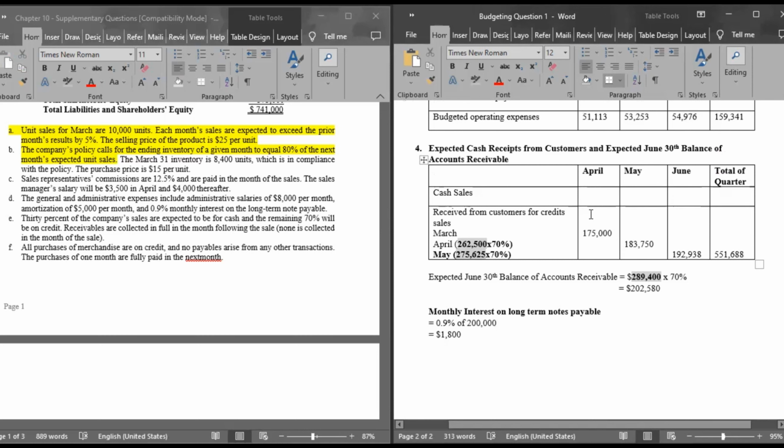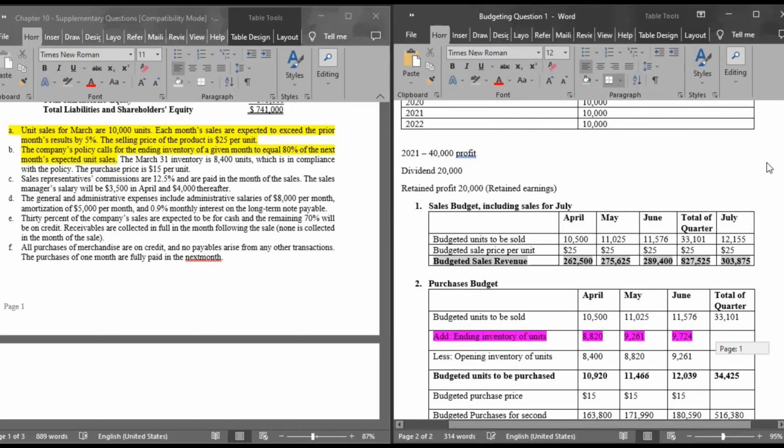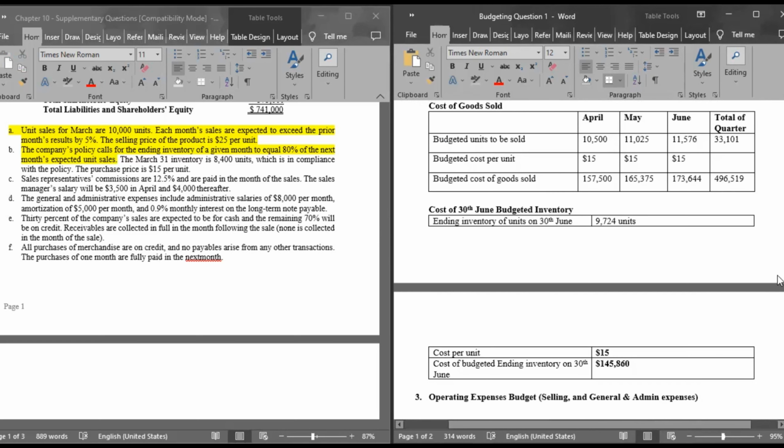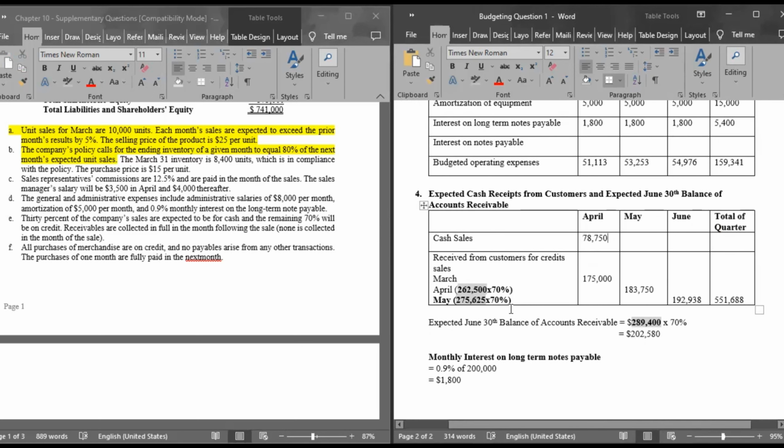78,750, and the sales for the month of May are 275,625. We also have the values 275,625, take the 30% for May: 82,688.